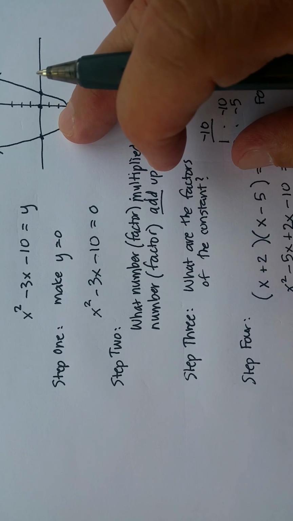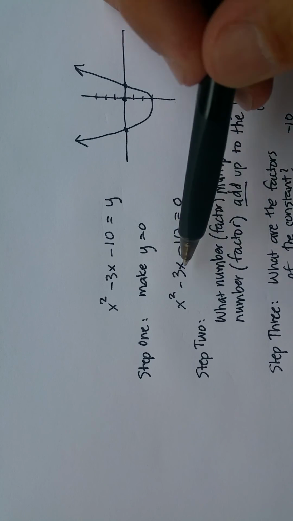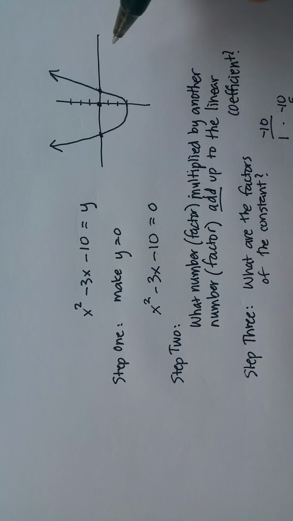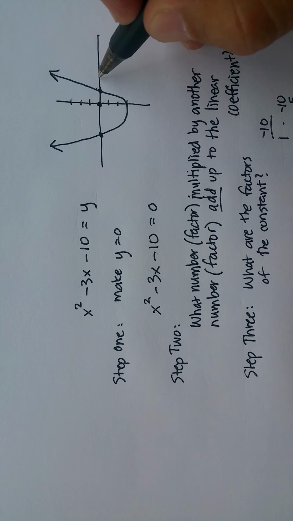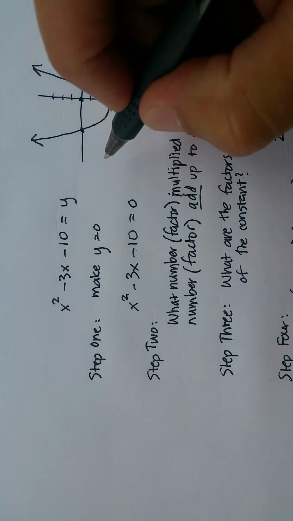And as a matter of fact, these are the solutions right here, or the roots. You have just solved it. This is where my parabola will cross the x-axis at positive 5. So this would be right here. It'd be 5, and again 0, and negative 2, 0.